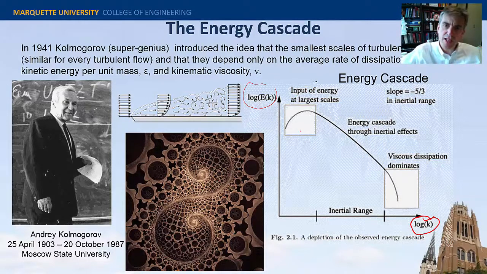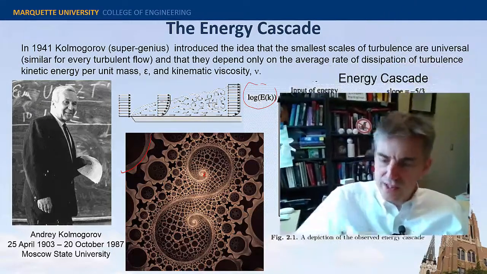So energy gets put in at the large scale, and it works its way down through scales, making smaller and smaller scales. As you see here, this big eddy turns into smaller and smaller eddies until eventually you get down to the smallest eddies, and those eddies turn instantly into internal energy. So it's a transfer of kinetic energy down through kinetic energy scales and then into internal energy.